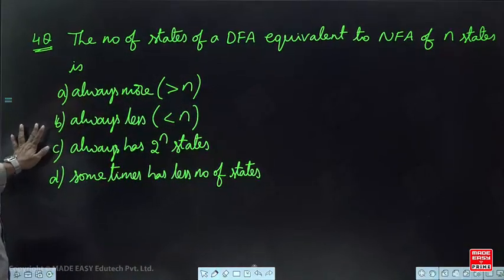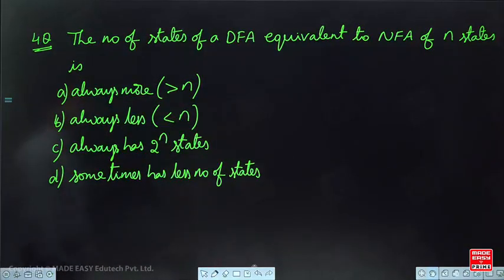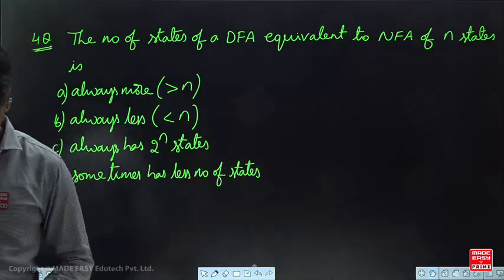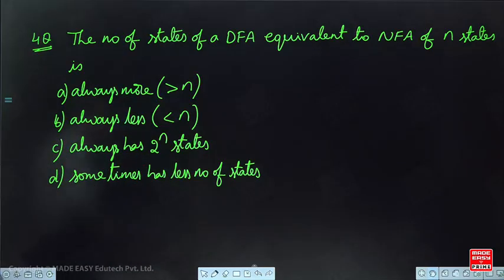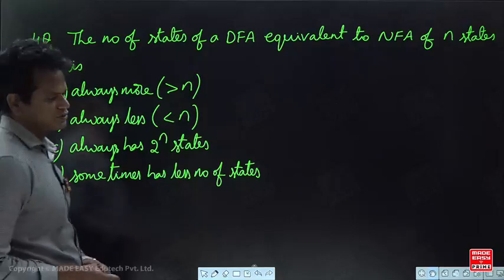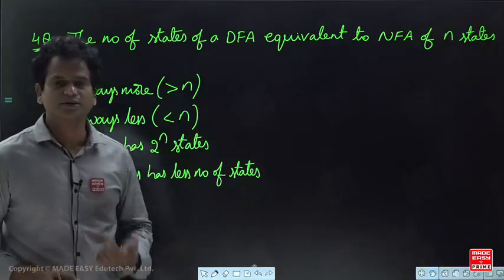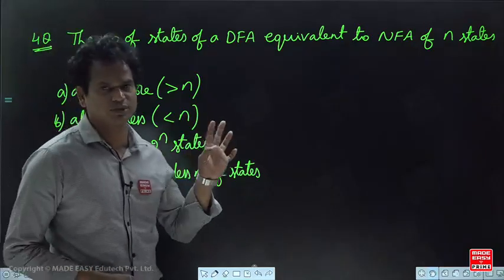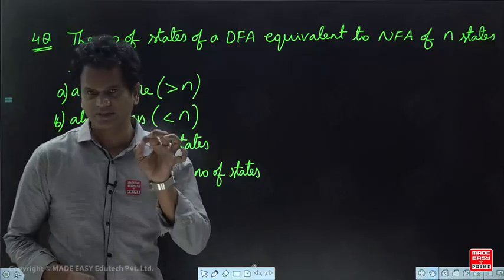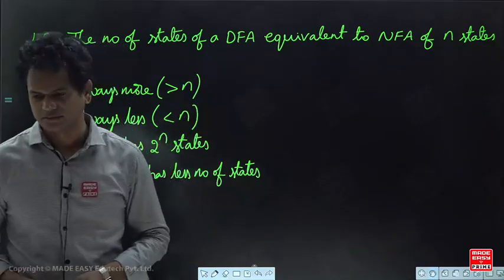The number of states of a DFA equivalent to the NFA of n states is always more, always less, always has 2 power n states, sometimes has less number of states. Okay, so we have done the previous questions, so based on those questions also you can answer this question. But whenever you give the answer, just think and give me the answer.